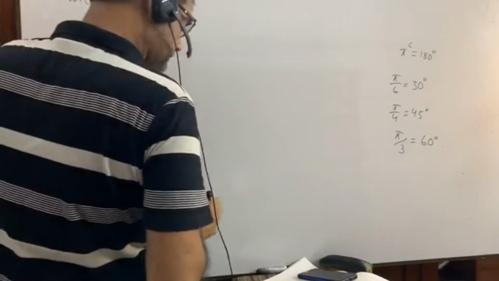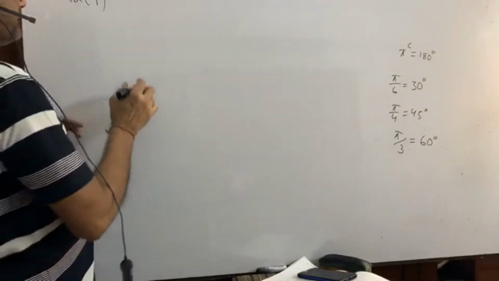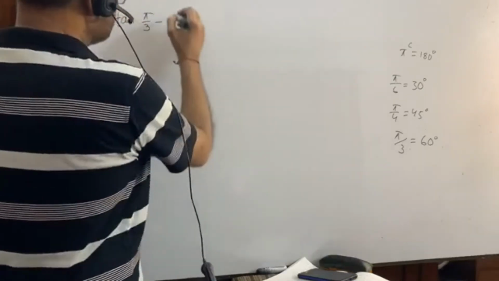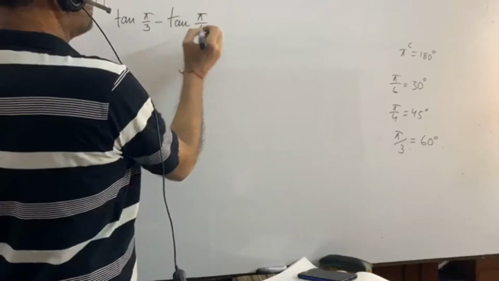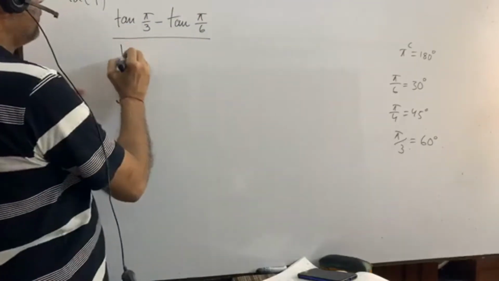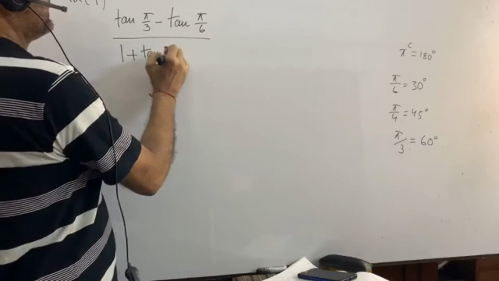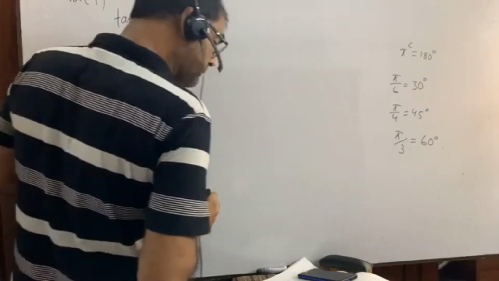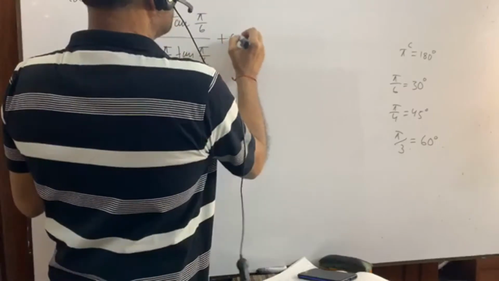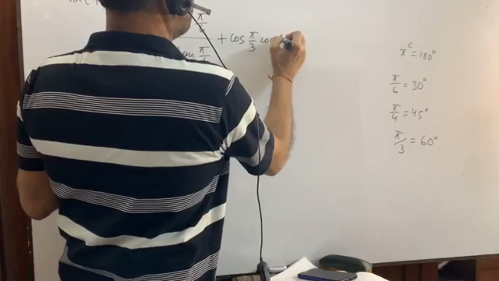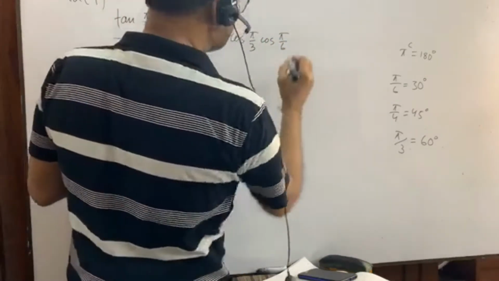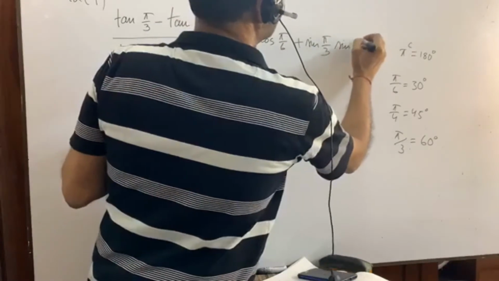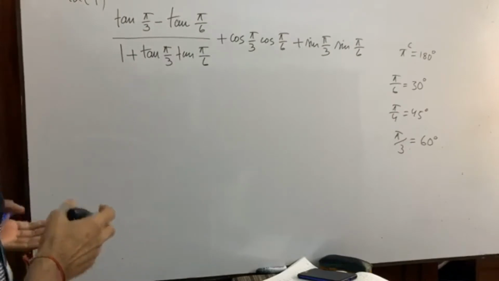The math is: tan pi by 3 minus tan pi by 6, divided by 1 plus tan pi by 3 into tan pi by 6, plus cosine pi by 3 cosine pi by 6, plus sine pi by 3 sine pi by 6. Okay, it is really very easy math.